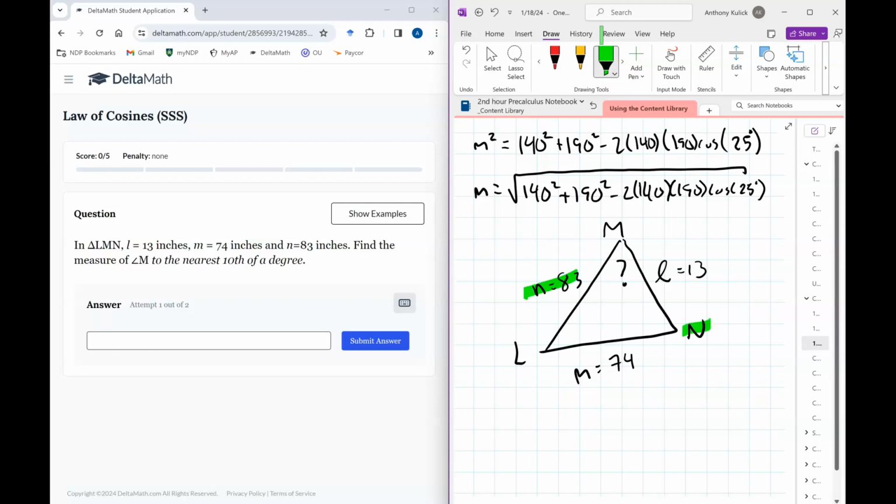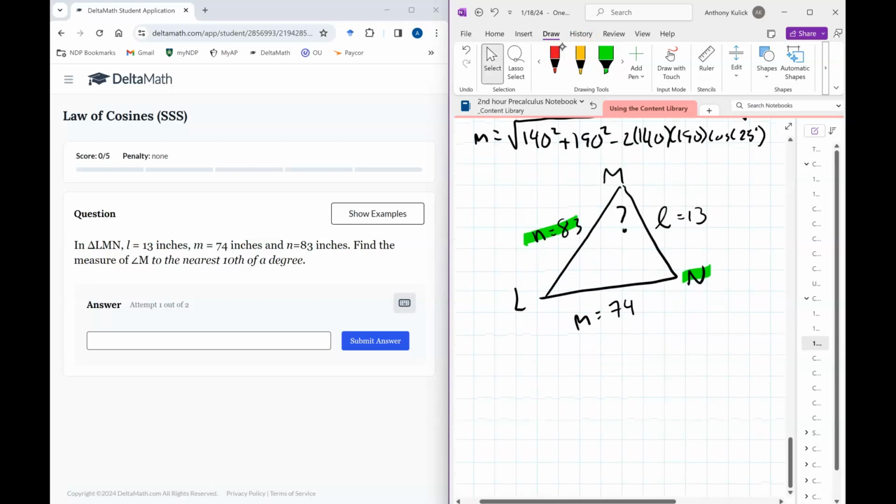I want the biggest angle first. So I'm going to do that still, even though it's not asking me for angle N. I'm still going to find angle N first, because if I try to do angle M first, I'm in a side side angle situation, and I might end up finding the wrong angle because I'm looking at the wrong triangle, which I want to avoid. So this one is going to be like a two-stepper.